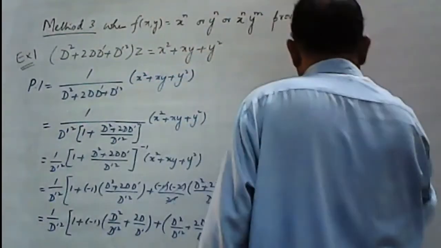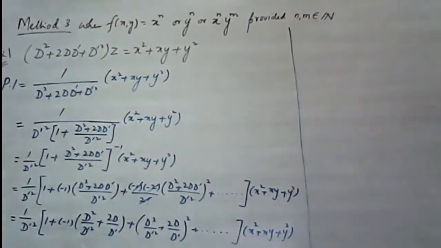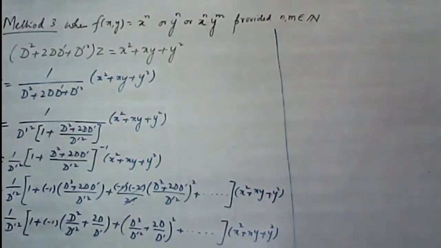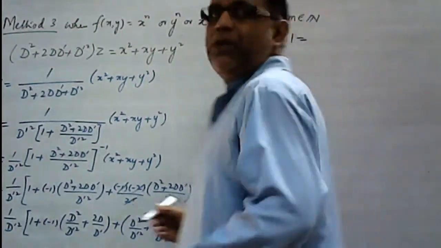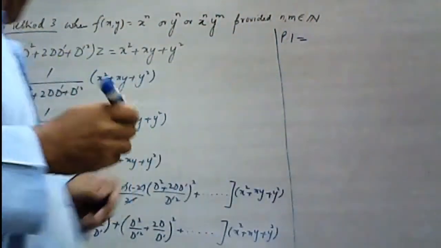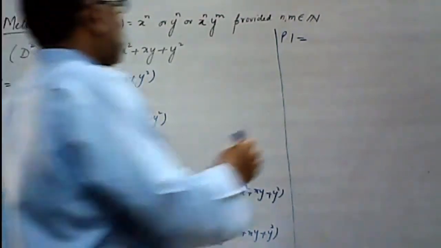So moving on, the particular integral will be equal to, first of all, 1 upon D dash square.